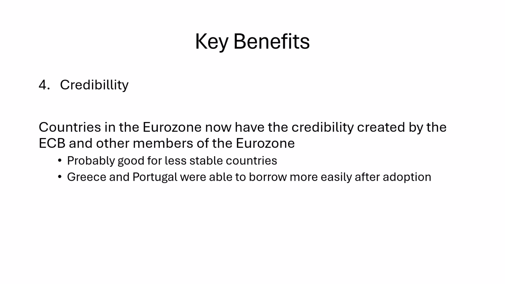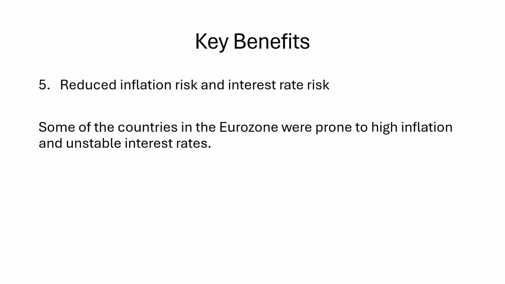for those countries that desperately need it. The fifth benefit, there are reduced inflation and interest rate risks. And we're going to discuss this a little bit more here in just a bit, so this should become more clear. And hopefully this is something you've also learned in other classes, but let me go over it very quickly here. As I mentioned before, most investors are risk averse.